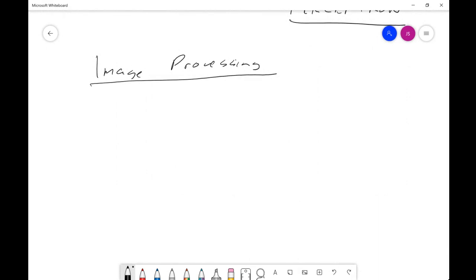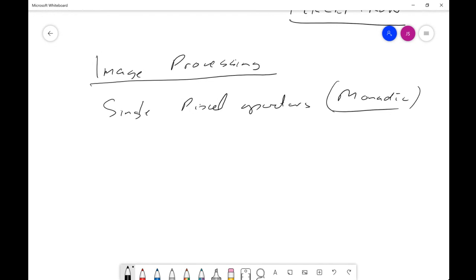A whole family of image processing techniques, single pixel, sometimes called monadic in the literature.